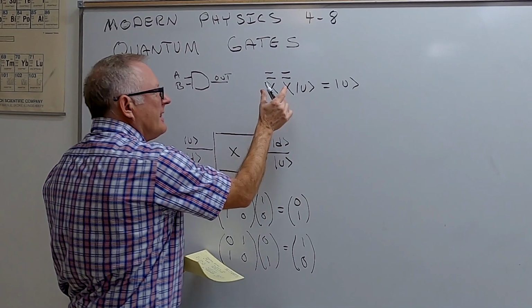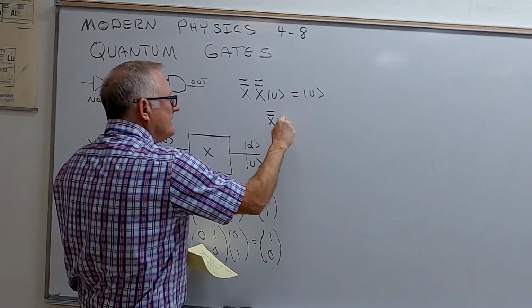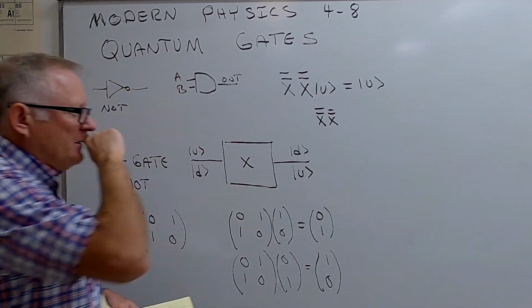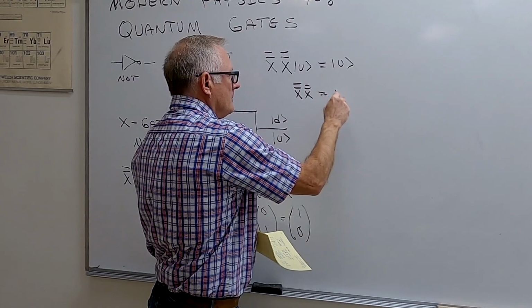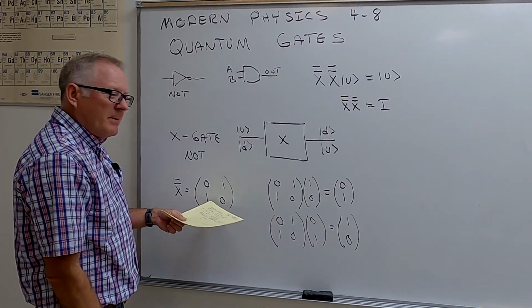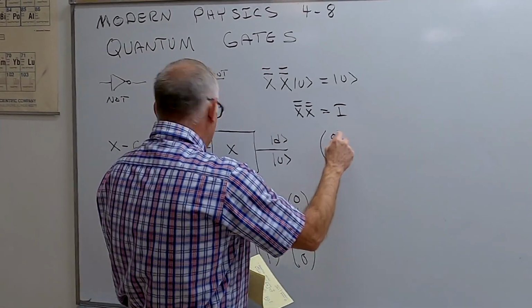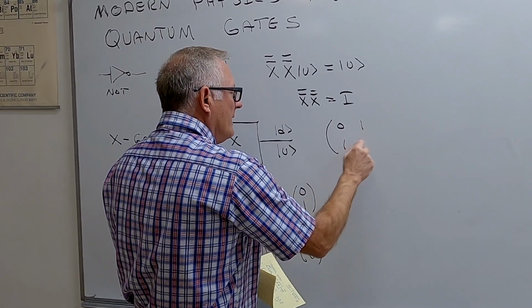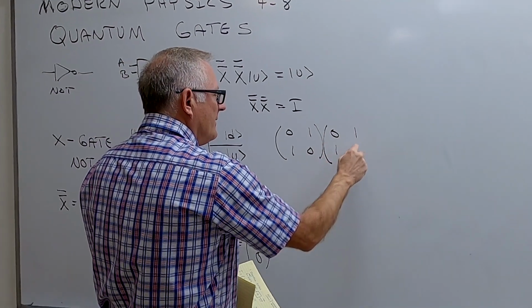Which means that X multiplied by itself should just be the identity matrix, I. Let's see if that is true: 0, 1, 1, 0 times 0, 1, 1, 0.